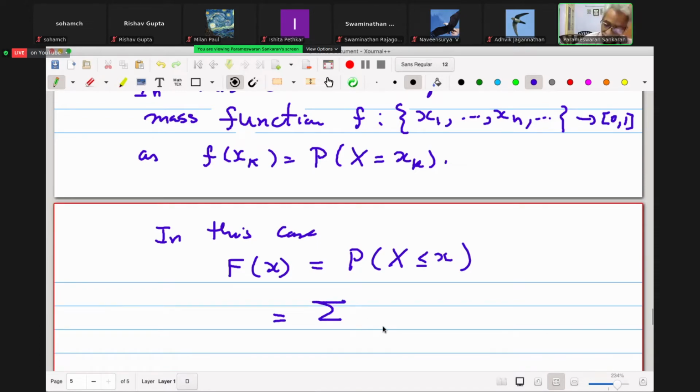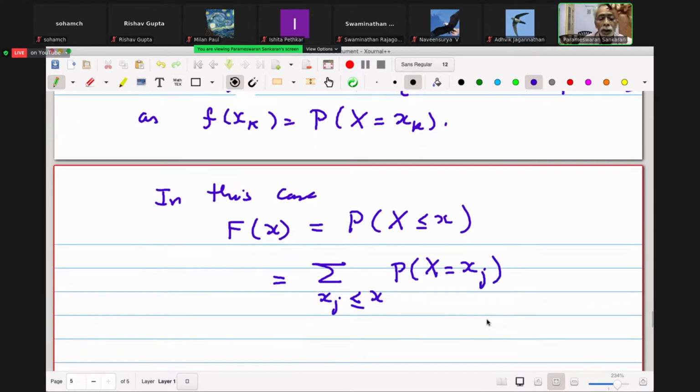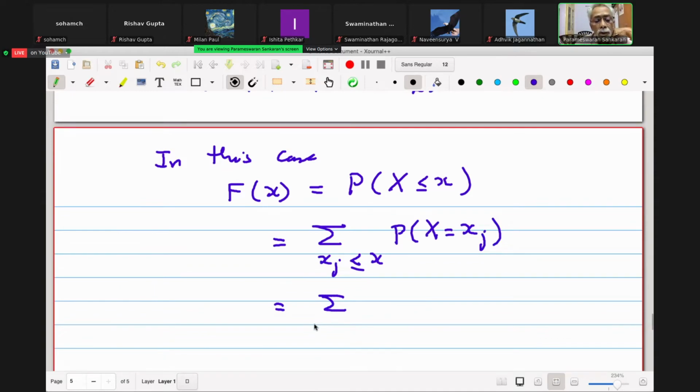If they are in increasing order you can write it that way, but here I have to write the sum over xj less than or equal to x of the probability that X equals xj, which is the same as the sum over the same set of values, xj less than or equal to x, of f of xj.